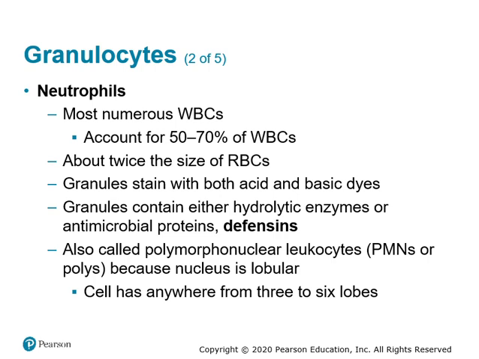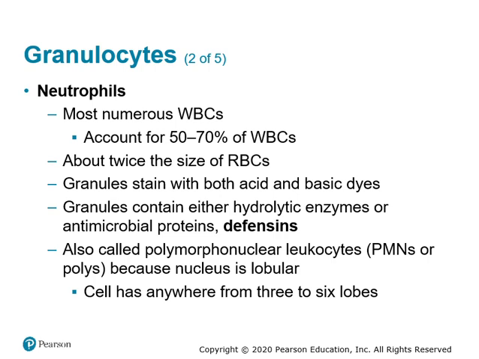Now, neutrophils are the most numerous, but they're also known as polymorphonuclear leukocytes. But we call them neutrophils more often than not because they absorb both acidic and basic dyes, so they're roughly neutral in pH. Now, their granules contain a lot of antimicrobials, hydrolytic enzymes, proteins, defensins, and those are going to be great at making the neutrophils very phagocytic.